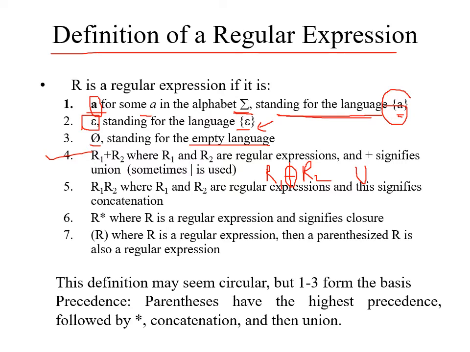If R1 and R2 are regular expressions, then R1R2 is a regular expression, where there is no operator between R1 and R2, so this is the concatenation operation. If R is a regular expression, then R asterisk is a regular expression; this is called closure. If R is a regular expression, then (R) is also a regular expression.